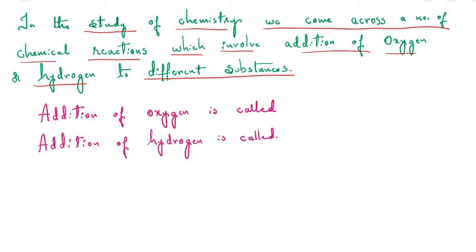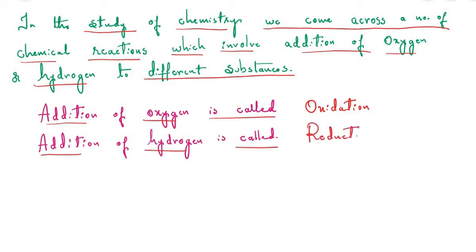Therefore addition of oxygen is called oxidation. Similarly, addition of hydrogen is called reduction. So these are the basic terminologies which we have learnt, right?